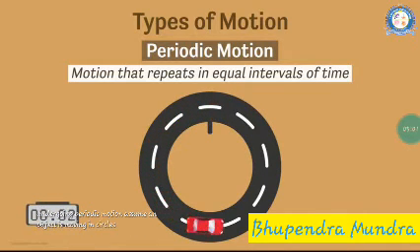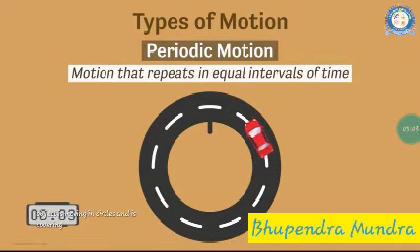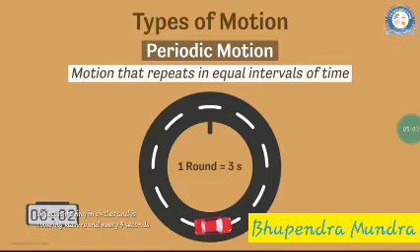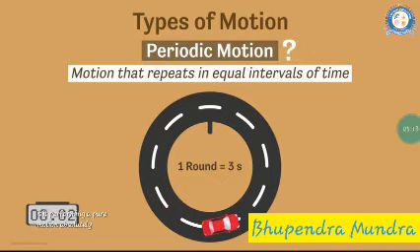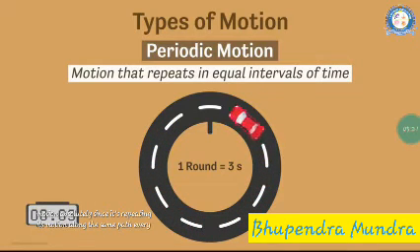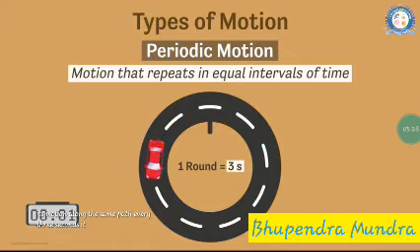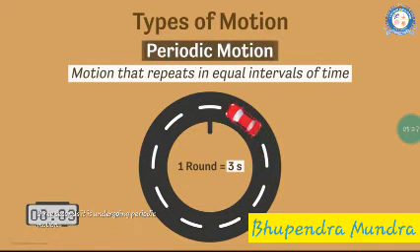Assume an object is moving in a circle and is covering each round every 3 seconds. Is it performing a periodic motion? Absolutely, since it's repeating its motion along the same path every 3 seconds, it is undergoing periodic motion.